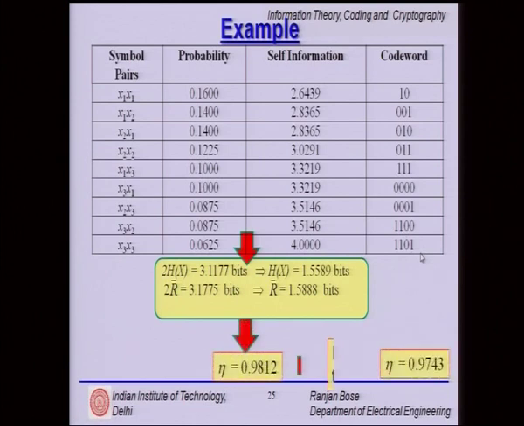So, the bottom line is, if you work in groups, you have a chance of improving your efficiency. The price is that the computational complexity goes up. You can see the size of the Huffman tree will increase exponentially, and that itself will cause additional problems, at the cost of giving you a better efficiency.